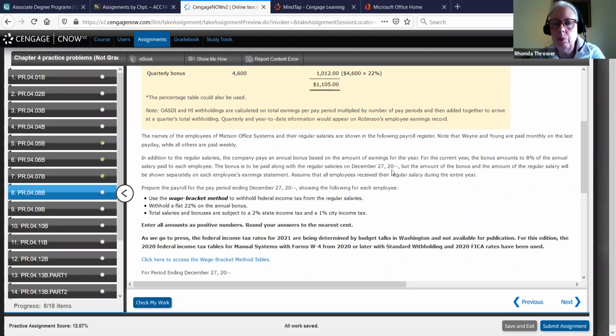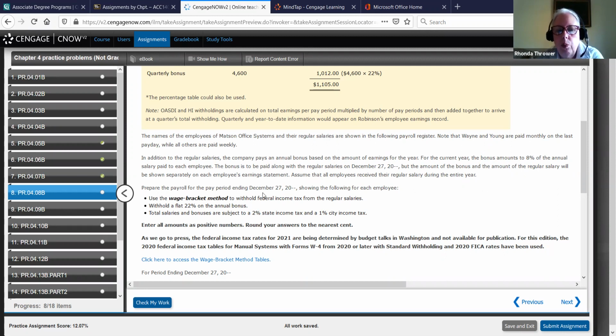But in this case, they're combining it with the regular paycheck. It says, but the amount of the bonus and the amount of the regular salary will be shown separately on each employee's earnings statement. Assume that all employees receive their regular salary during the year.